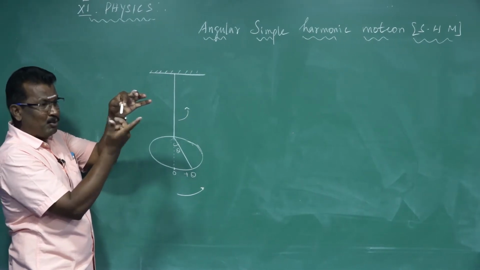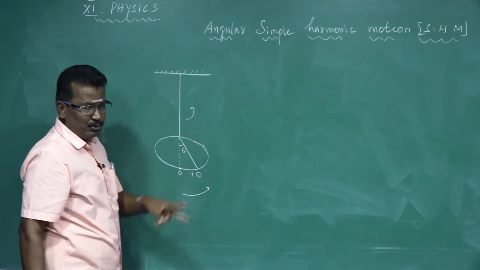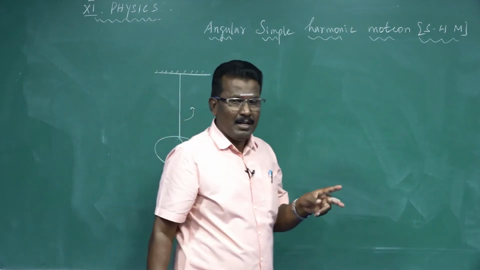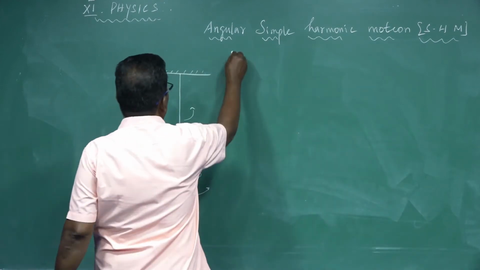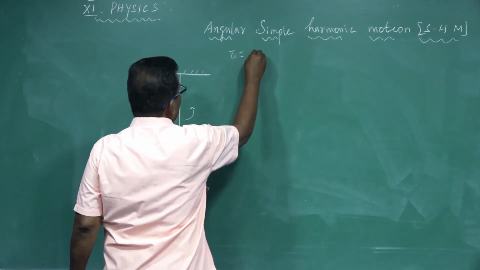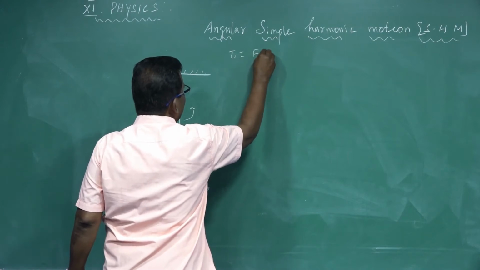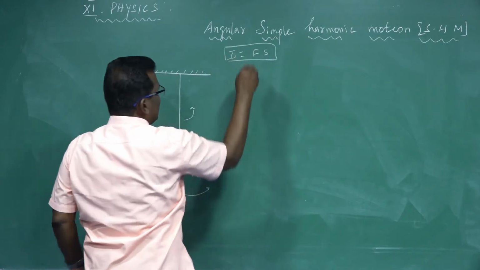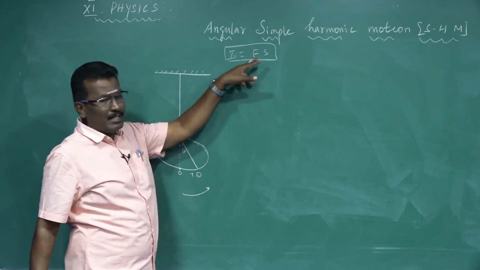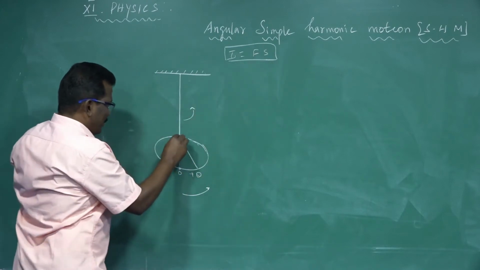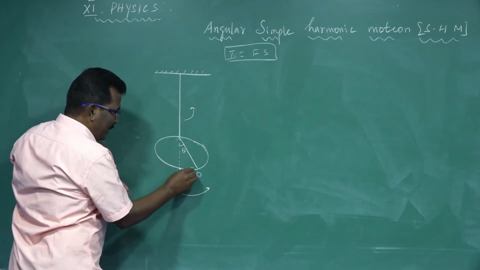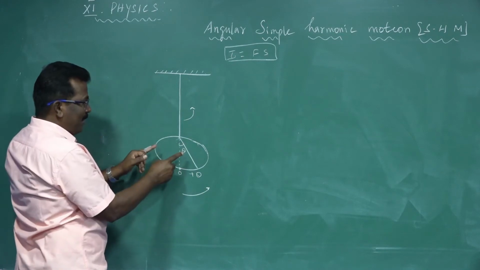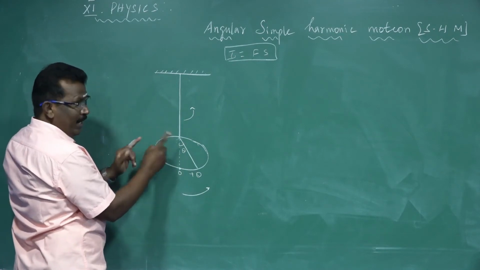The torque tau is equal to F into s, the product of the force and the perpendicular distance. So this is not linear motion, it is angular motion, and the body is said to be in angular rotation.